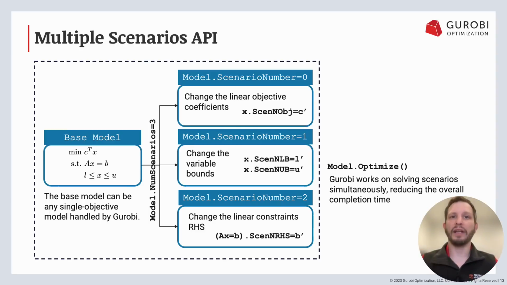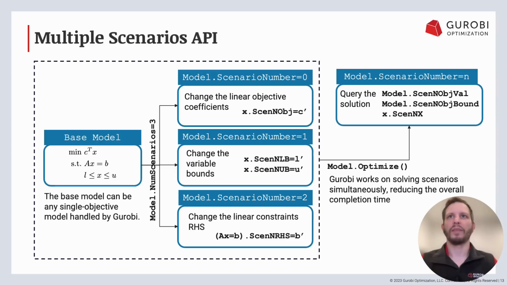There's actually a lot happening in the back end that I really can't even begin to describe. But there are very, very smart things that are happening so that you're getting all of the goodness from scenarios working together and Gurobi solving it all simultaneously. And then when you want to query the results, you just specify a couple parameters, and boom, there you go. You can extract these solutions for individual scenarios and see how they compare.